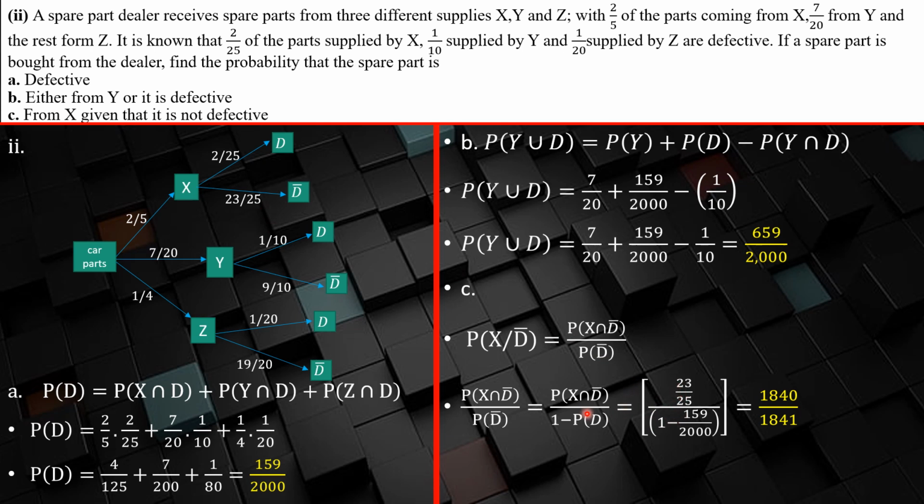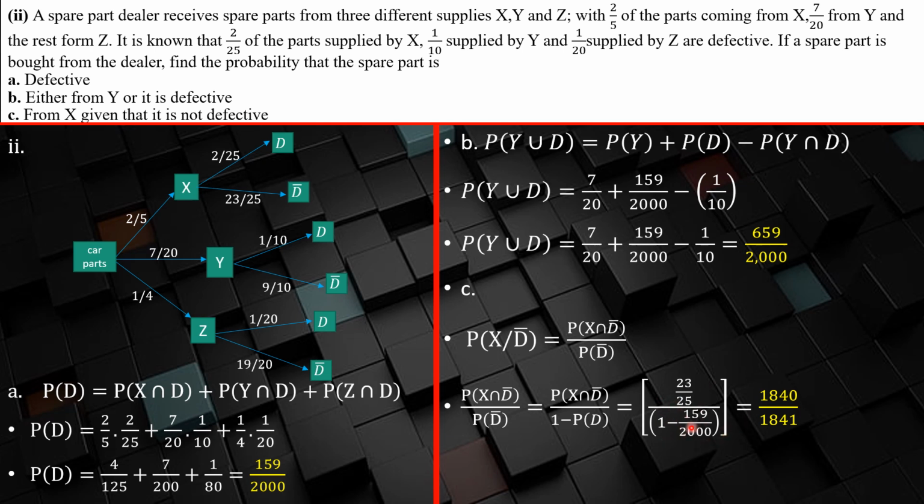Again, don't make that error here of getting the event of X, right? 2 over 5, multiplying that with the event of defective car parts, which is multiplying it with 1 minus this. That's nonsense, right? Because at the end of the day, if you do that, it would simply give you the probability of X. All right, so that's what we do.